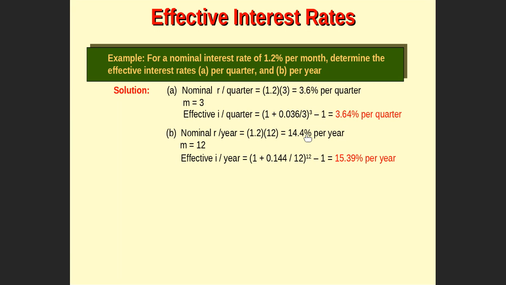To find the effective per year, we do the second step, which is what we did in part A. You follow the formula 1 plus r divided by m to the power m, minus 1, and that will lead us to 15.39. You can tell there is a difference when the time duration is expanded. There is a difference between the nominal and effective.